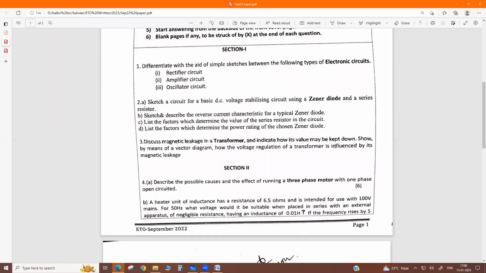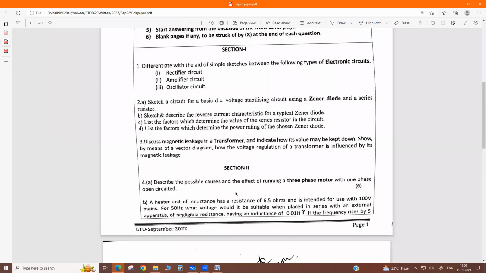Now, if higher value, there is another question: higher value of efficiency and lower value of voltage regulation. Why do we prefer it? Because lower voltage regulation means current is low, better terminal voltage, low losses, high performance of your equipment.